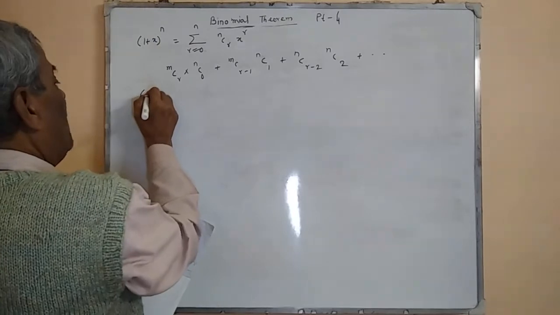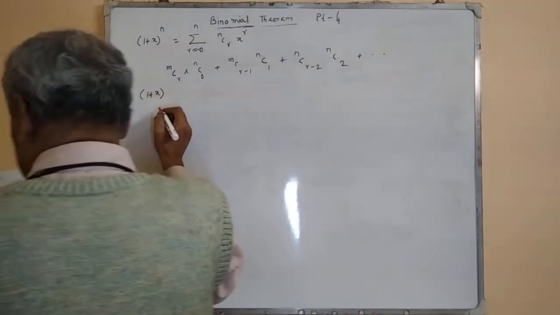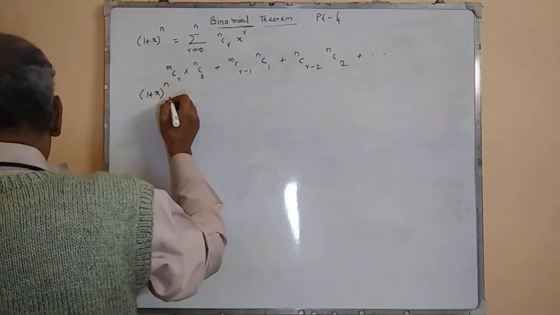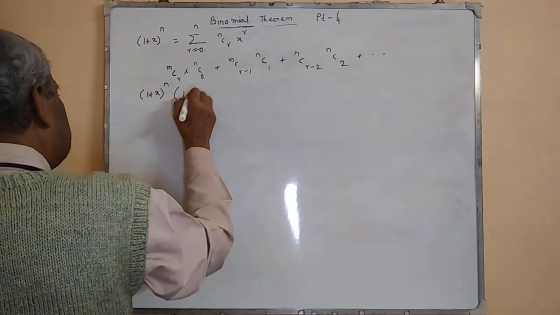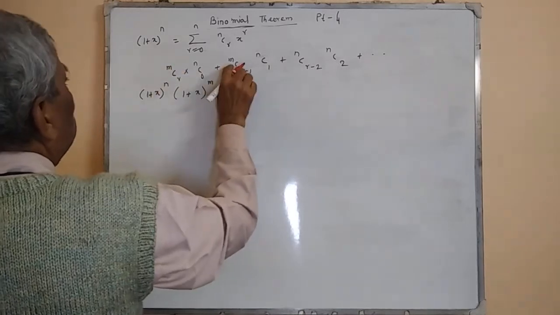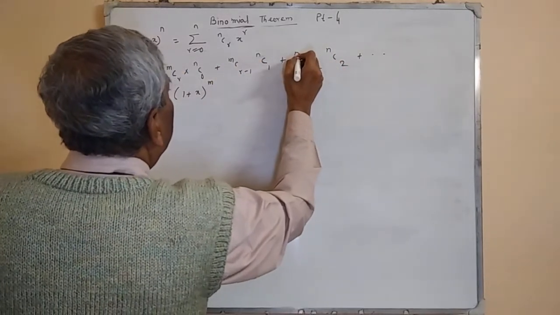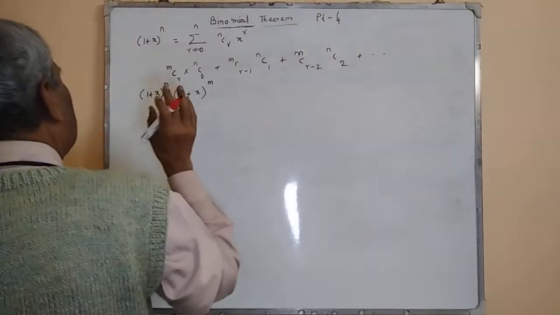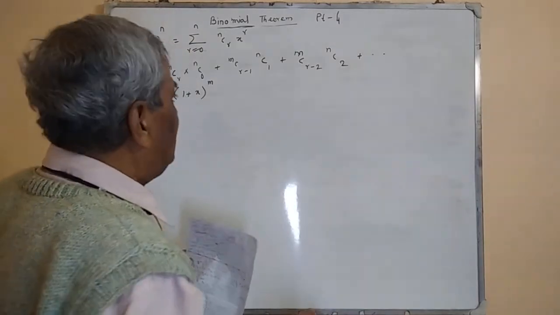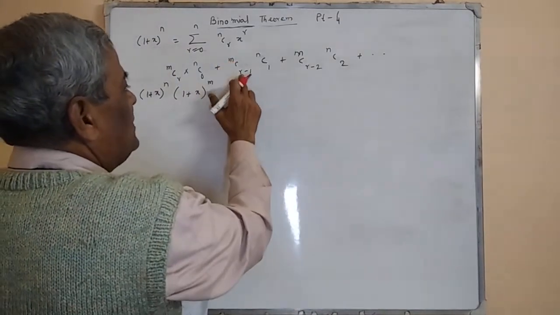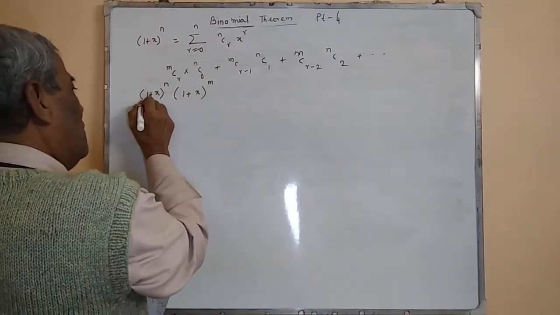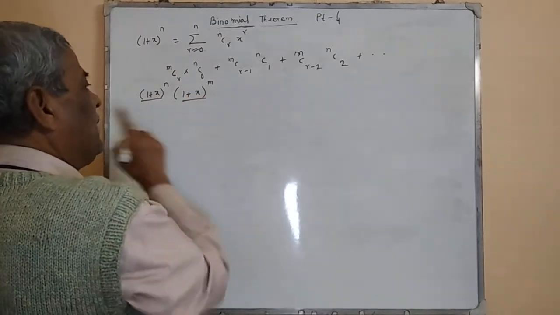One series is 1 plus x to the power n into the other, the same, 1 plus x to the power m. Here you take m because m also is given here. In the previous problem, both were nCr, nC0, nC1, nC2, etc. Here one is mCr, mC(r minus 1), and the other is nC0, etc. So that's why you take one like that and the other from the beginning.